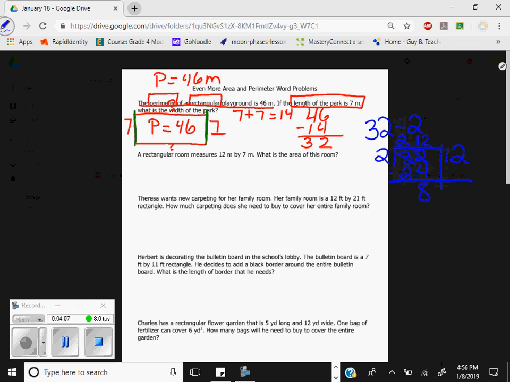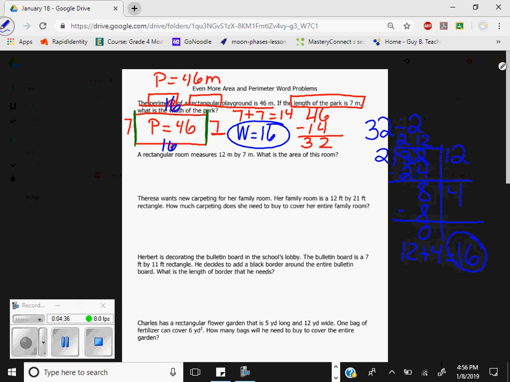So let's see, 2 times 4 is 8, so I'll put my 4 on the outside there. And I'm going to add that up, 12 plus 4, which would be 16. That means that each side here is 16. So the width equals 16. I am going to circle that so that my teacher knows that that's the answer.